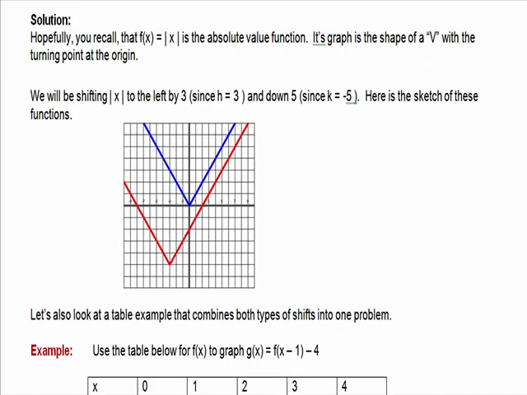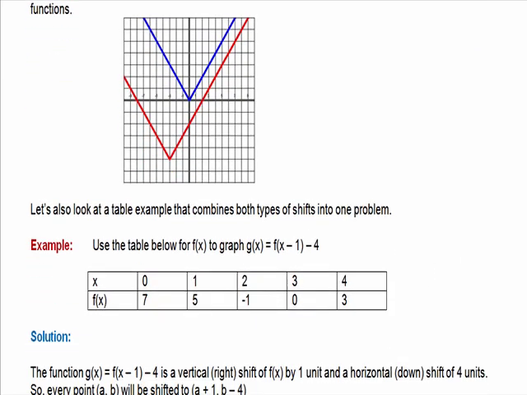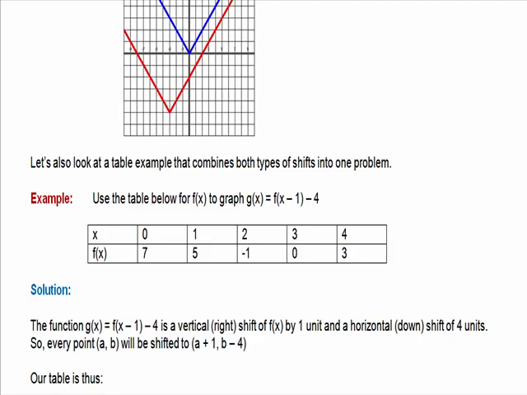If we actually took a look at all the points, we'd notice that in each case, the points on the blue graph all had their x values reduced by 3 and their y values reduced by 5. One last example. Suppose I have a table, f of x, and I'd like to graph g of x equals f of x minus 1, and then subtract 4.